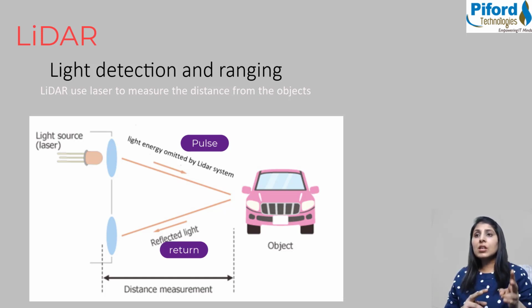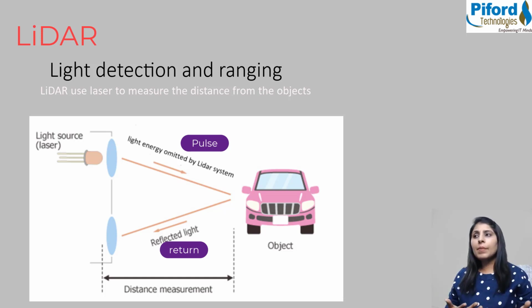It measures the difference between the light emitted to the object and the light returned back, and gets the object distance from that. It basically checks how much time the emitted light takes to return back to the sensor, and on the basis of that it gets the distance from the object.